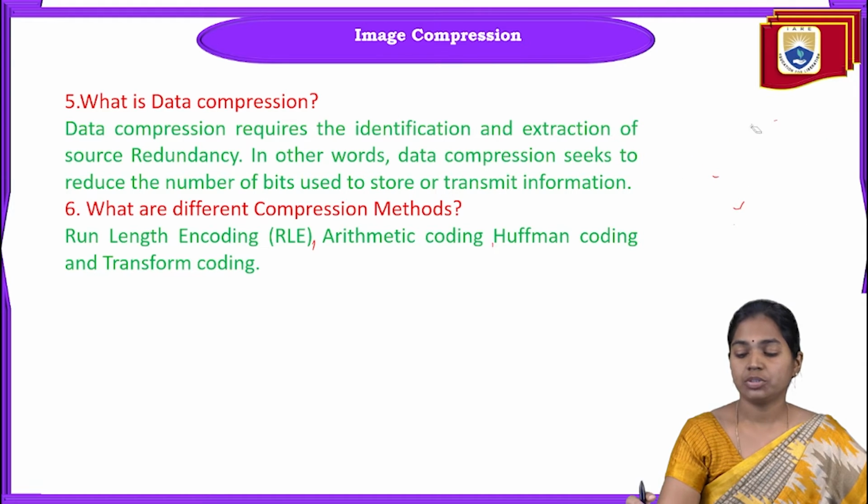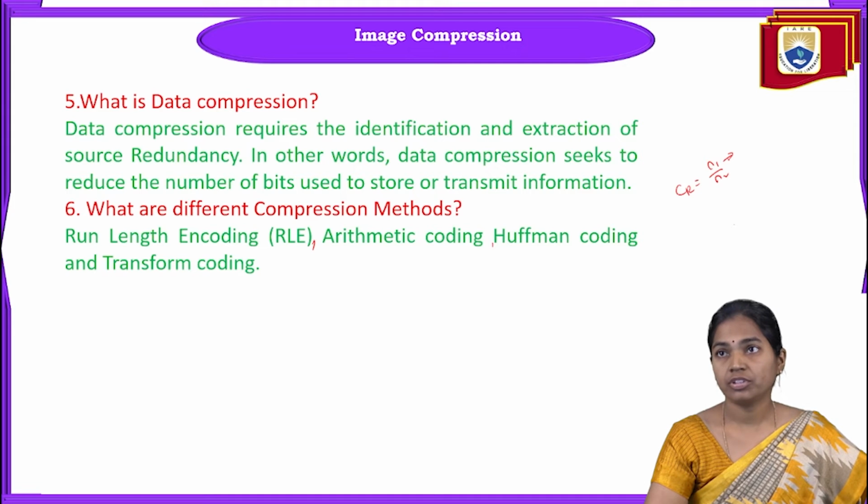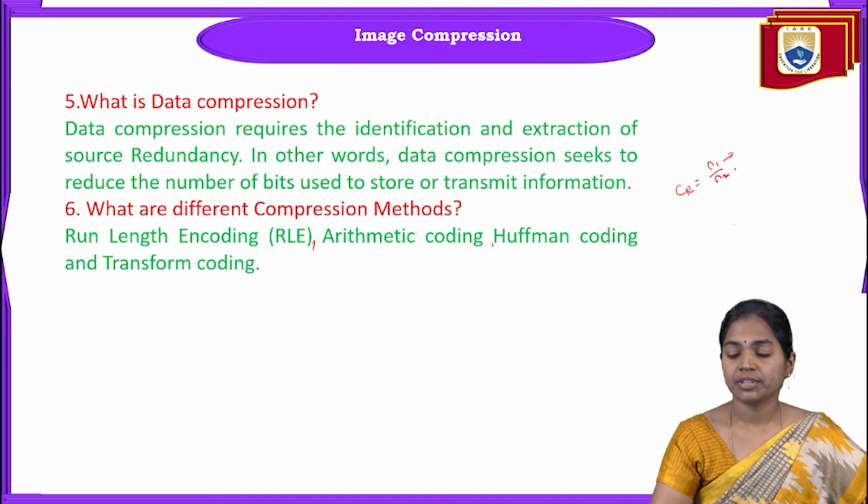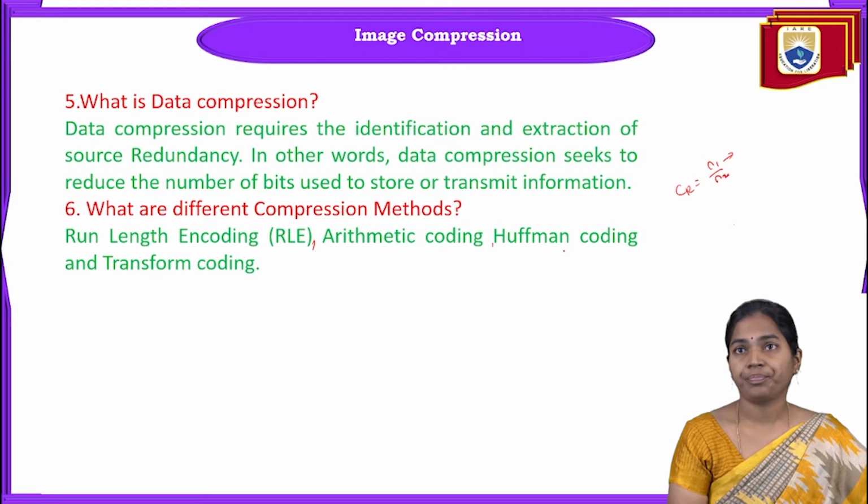Here the compression ratio is represented as CR equals N1 by N2. N1 is the original data, and N2 is the number of bits of the image data after compression. So this is for Huffman code.